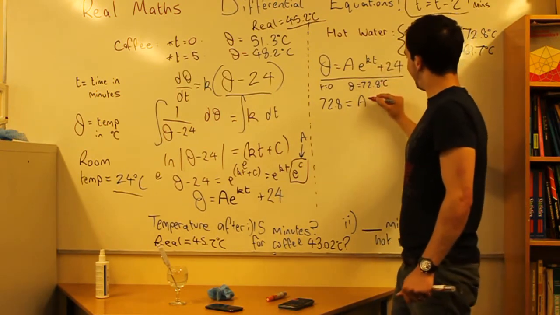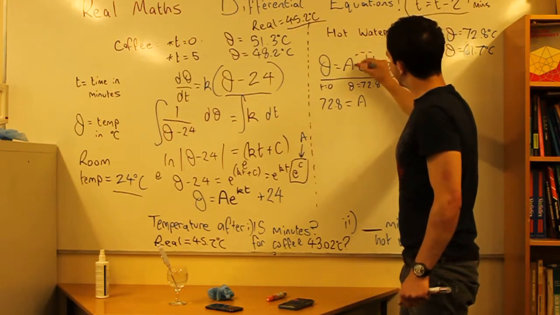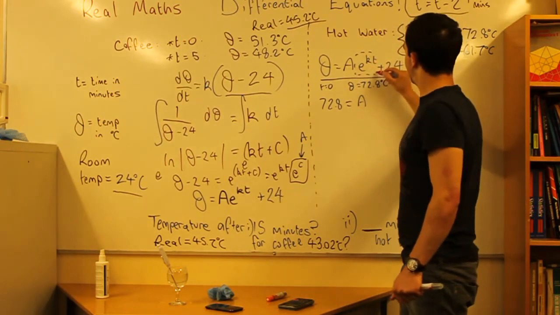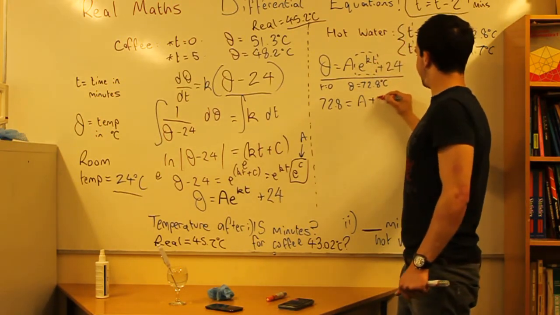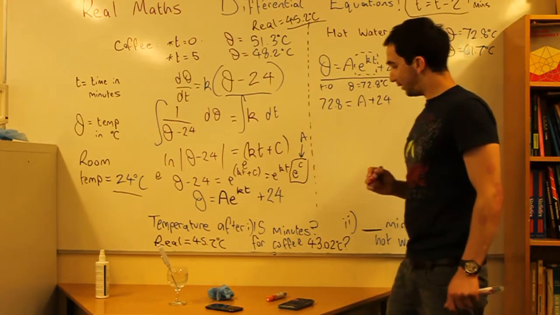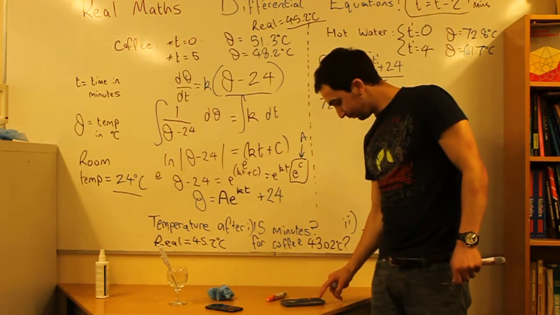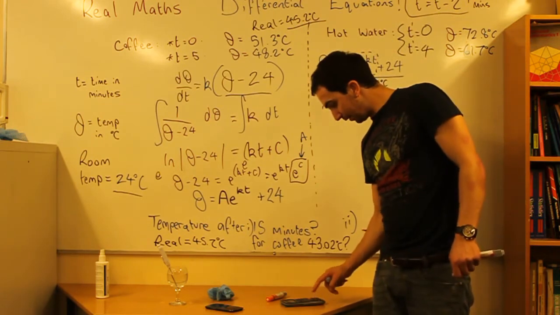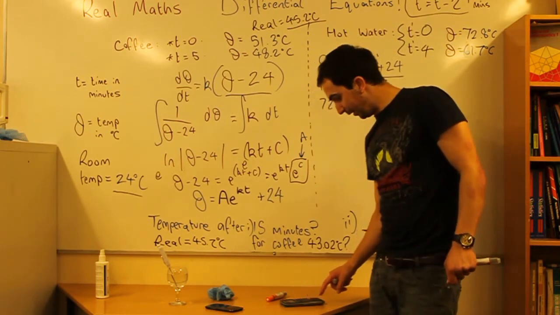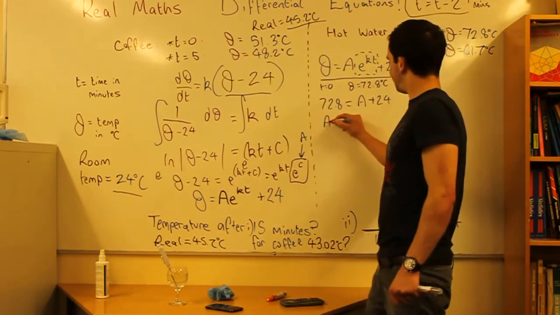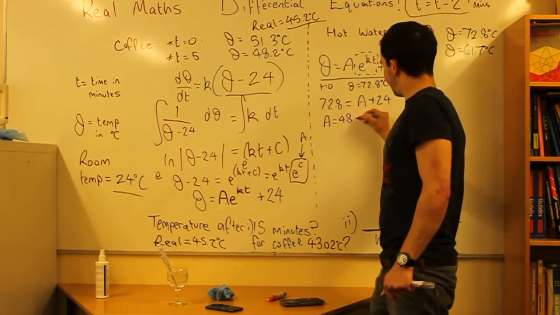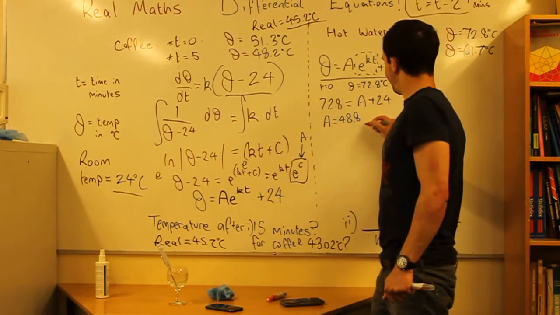Now when t is 0, this whole exponential is going to go to 1, so that's just A plus 24. So 72.8 take away 24 is going to be 48.8. So we found our value of A easy enough.